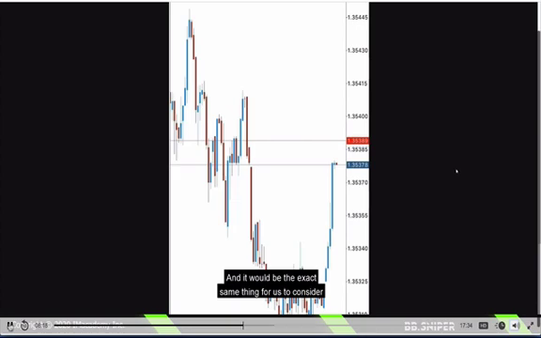And it would be the exact same thing for us to consider if we were looking for a take profit level or a stop loss level. We always need to account for the difference between the price that we can buy and sell.